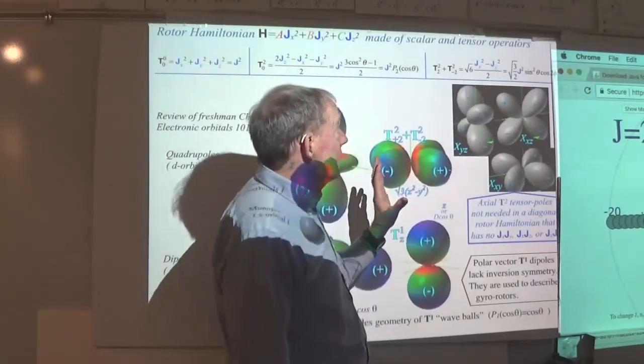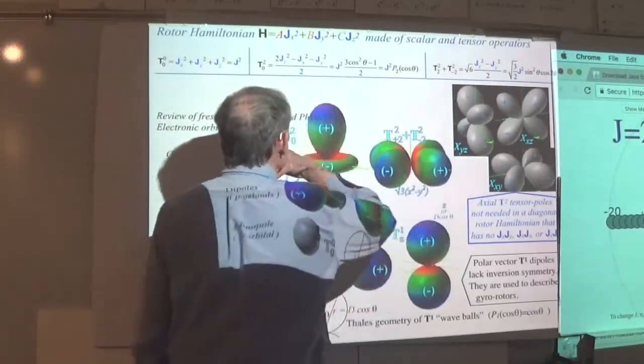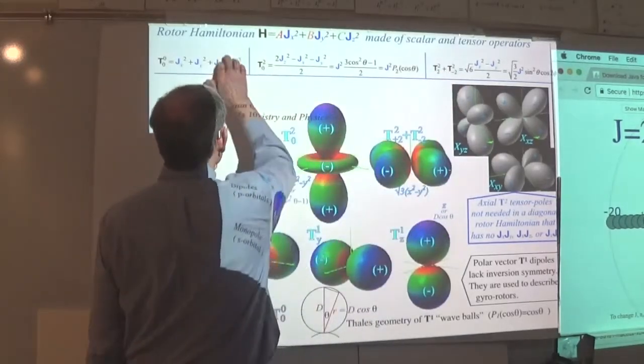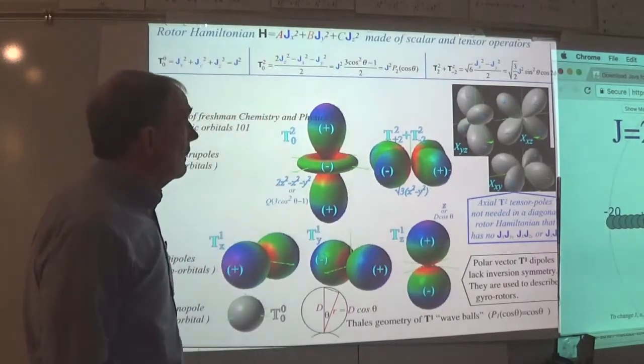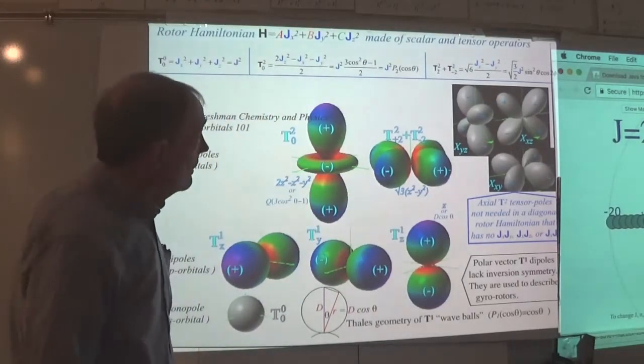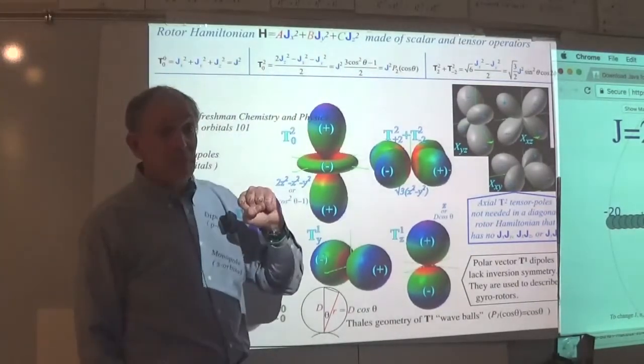That really simplifies the thing. So I only have to work with this guy, and then that guy. So there are three guys that I'm going to have to work with for this rotor, in order to take care of the three parameters, A, B, and C.